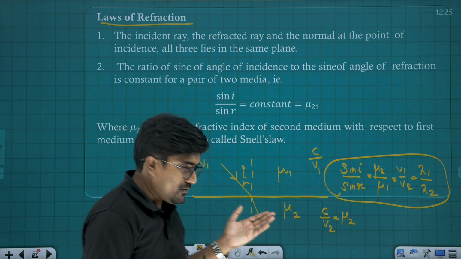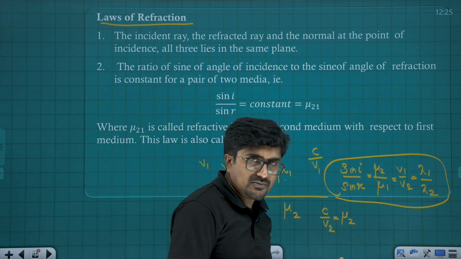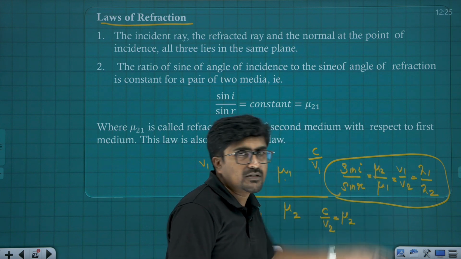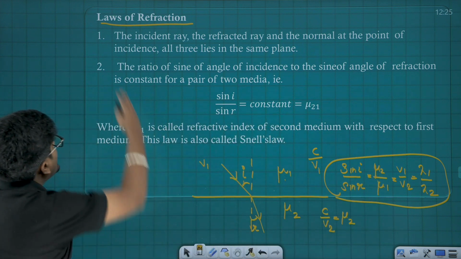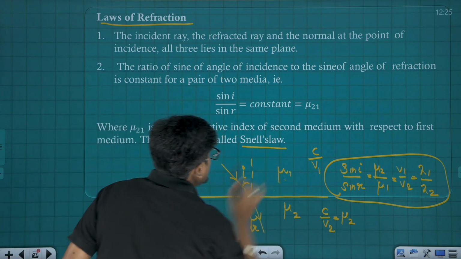We are discussing ray optics, but if it is given in terms of wavelength, this equation is also valid. So that is the law of refraction, statement number 2, Snell's law.